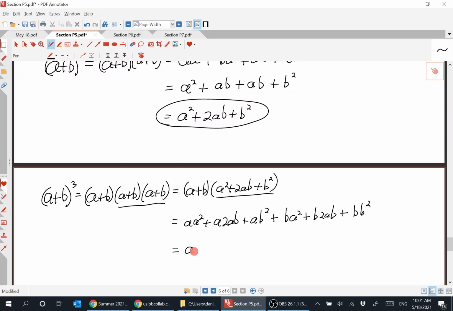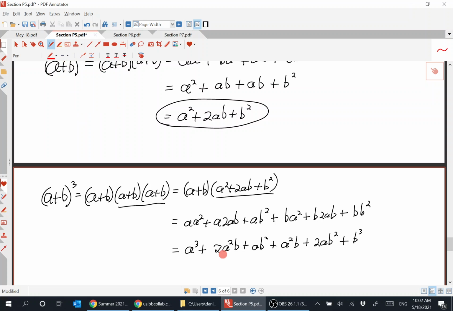A to the third. This one, a times ab, so we have a and a, so that's a squared. All right, customary to put the number out front. 2a squared b, ab squared. We'll write this one as a squared b plus, this one is 2ab squared plus b to the third.